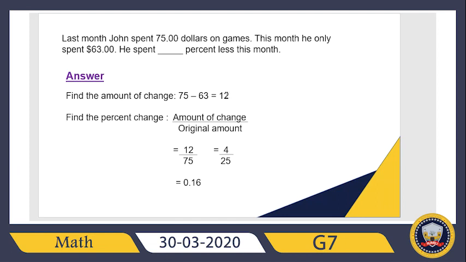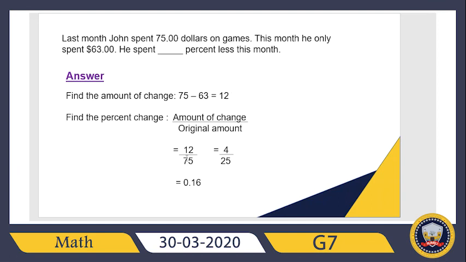So I will divide this 12 by the 75, by what he paid last month, in order to know what percent he saved this month. So I will divide 12 over 75.